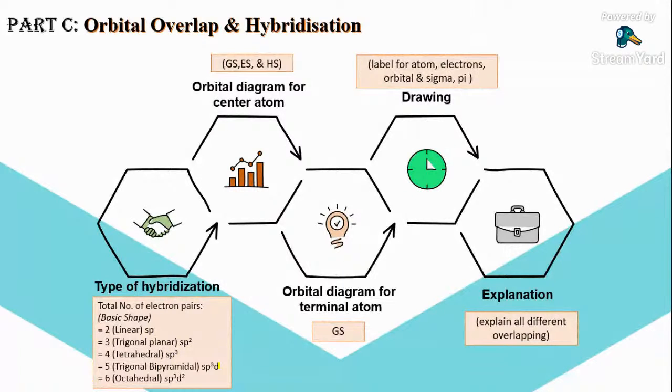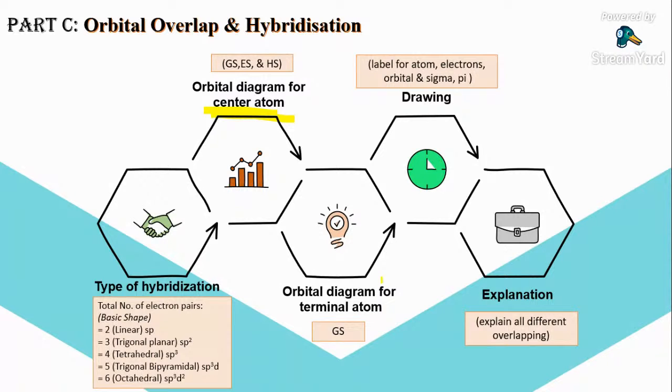And then the second part is the central atom. You have to know how to draw the orbital diagram for the central atom: ground state, excited state, and hybridization state. Many students will encounter problems with this part, especially for molecules with ions or lone pairs. The orbital diagram for the terminal atom is normally nothing special, normally 1s2, 2s2, 2p5.